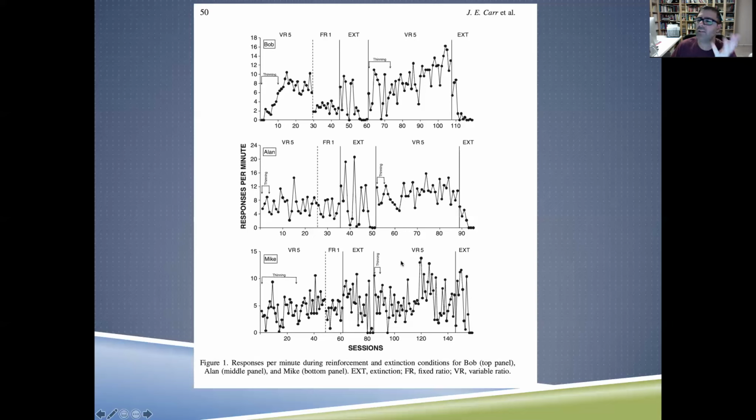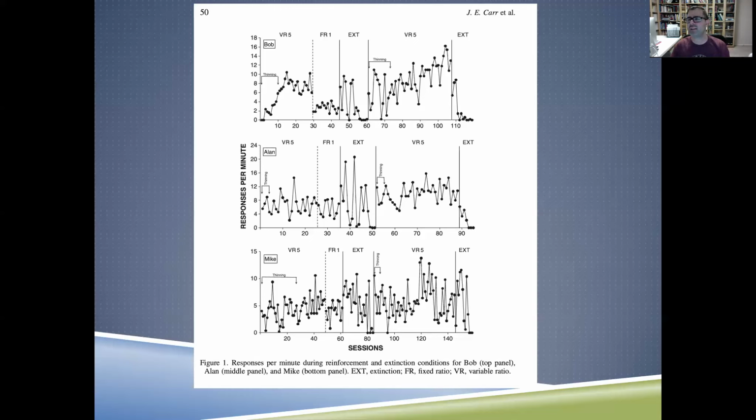So we have not seen in our laboratory study fixed ratio 1 or continuous reinforcement as an intervention make the behavior less resistant to extinction. We didn't see that. All we saw is that the second extinction tends to be faster.